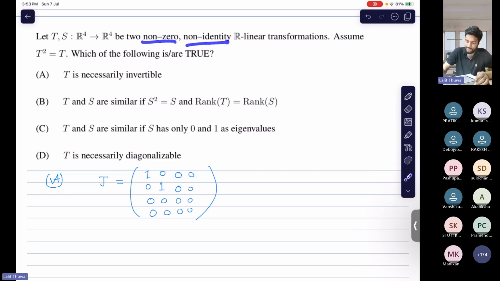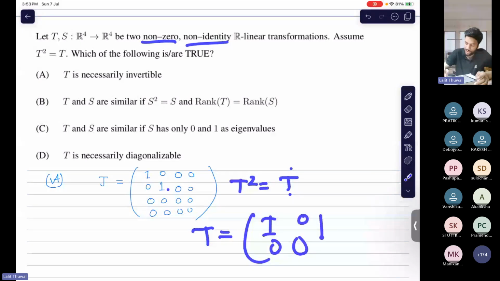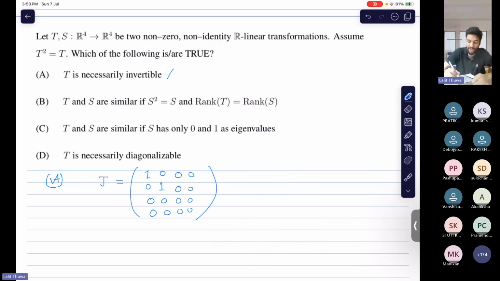Why is it idempotent? Because if you take T squared, then it is T again. You can do that because T equals the block matrix I 0 0 0. If you multiply, then T squared is equal to T. So how do I construct it? I try to construct it in such a way that some eigenvalue is 0 and some eigenvalue is 1 also. So it will be non-invertible, non-zero and non-identity. So 'T is necessarily invertible' is wrong.